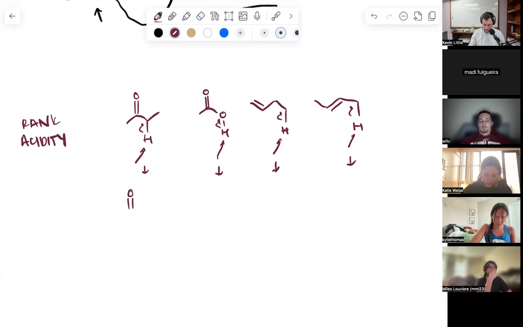This conjugate base looks like this. I removed a proton from that carbon, so it's got a negative charge. This conjugate base looks like this. This conjugate base looks like this.